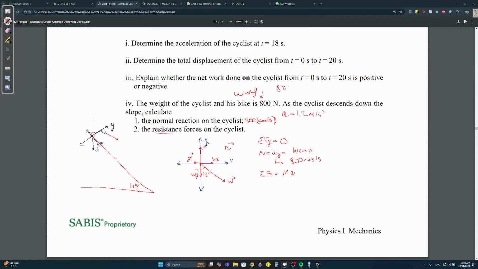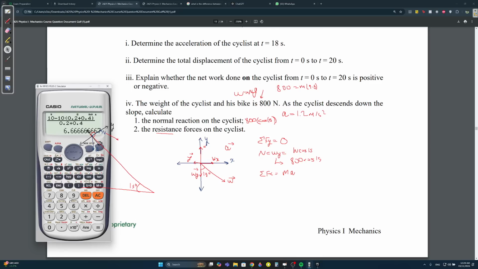So 800 equal to the mass times 9.8, so 800 divided by 9.8. I'm just gonna find it now: 81.6. Let's just say 81.6. That's the mass.